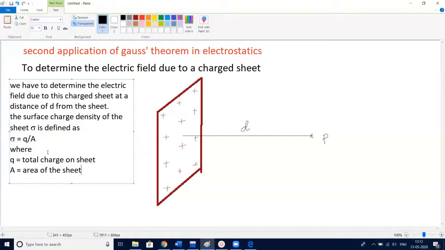Okay. So the surface charge density of this charged sheet is sigma.